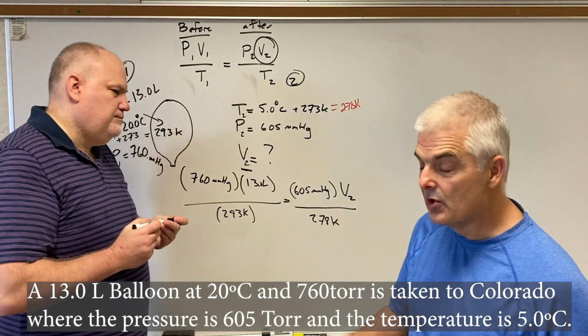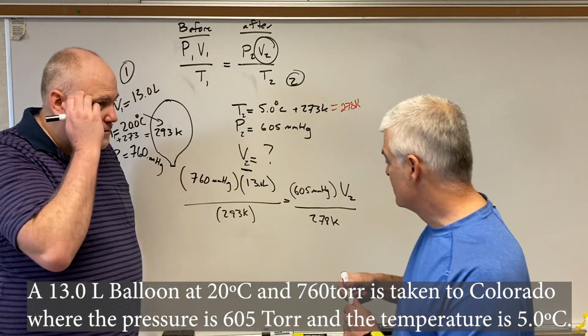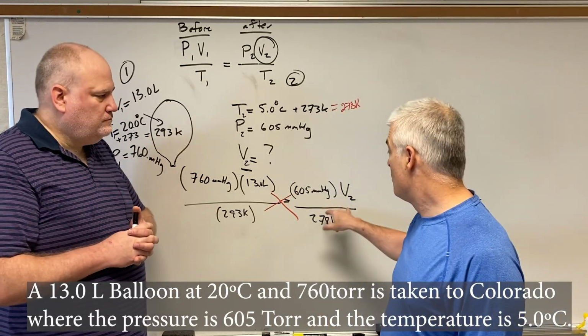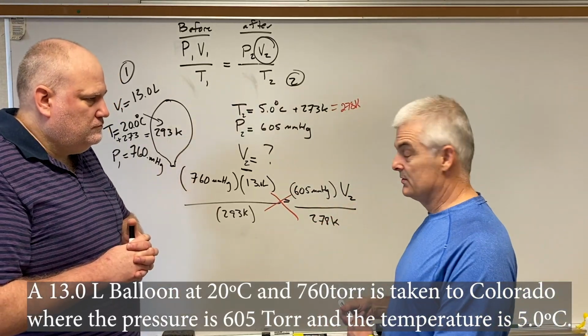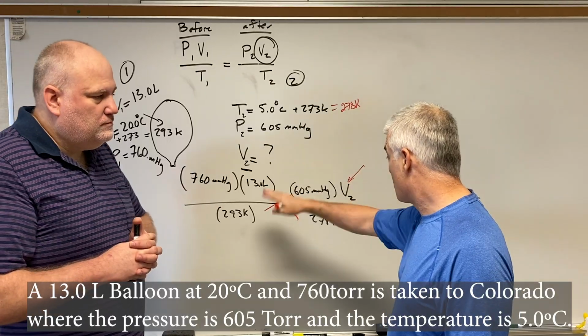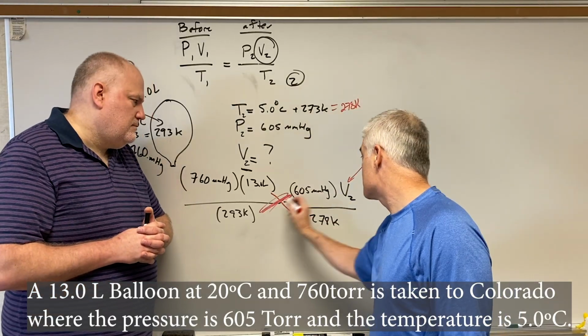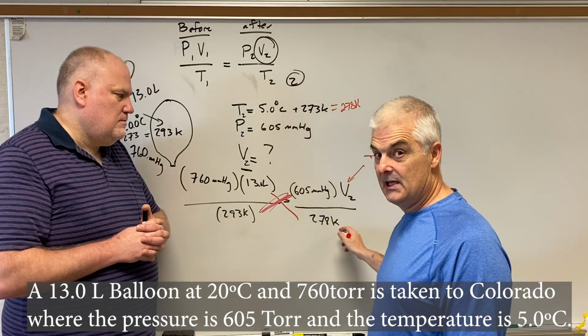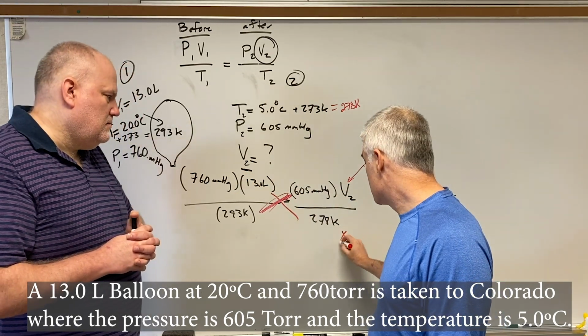Now let me give you a shortcut, guys, that I think will make your life crazy easy. When you've got a big set of numbers and a variable, there's something called cross multiplication. The cross that contains the variable, you divide. The ones that do not contain the variable, you multiply.